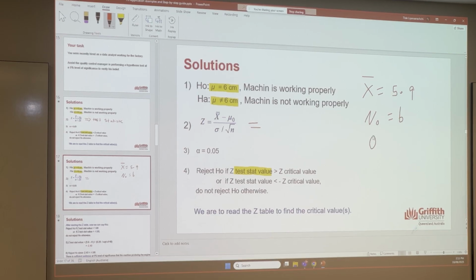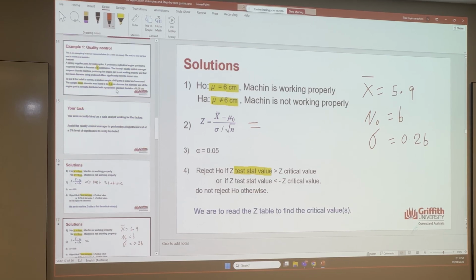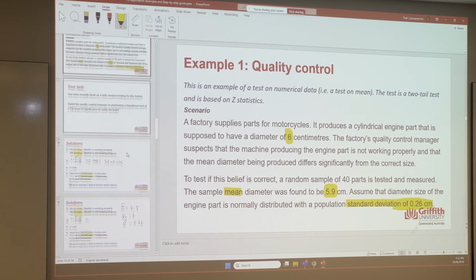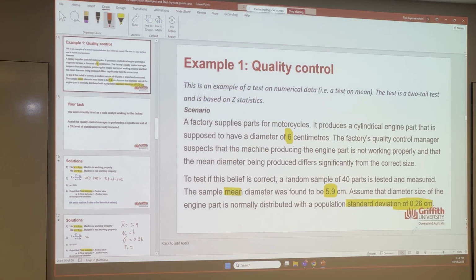Do we have the population standard deviation sigma? Yes, the standard deviation is 0.26. And then n is the sample size, 40.